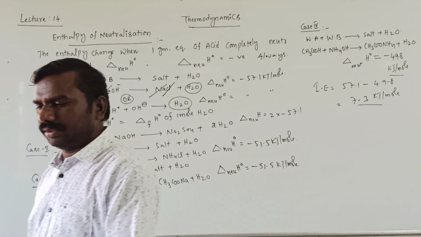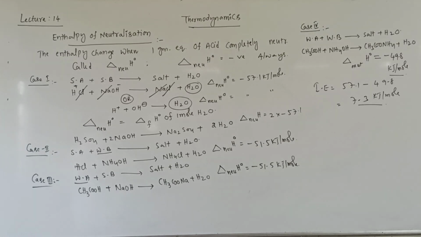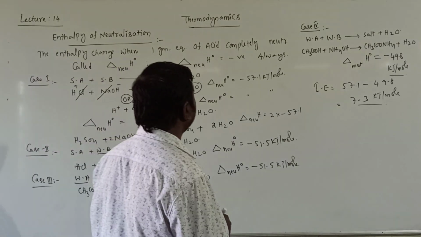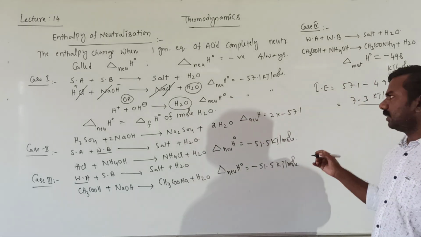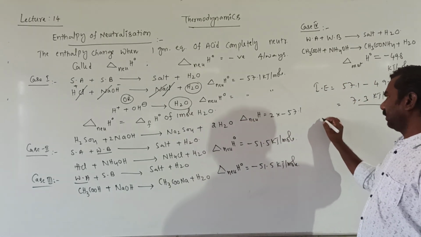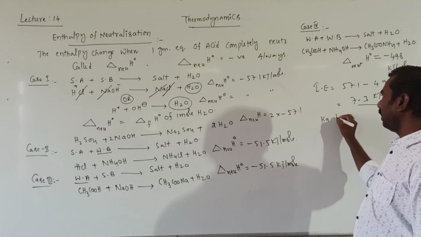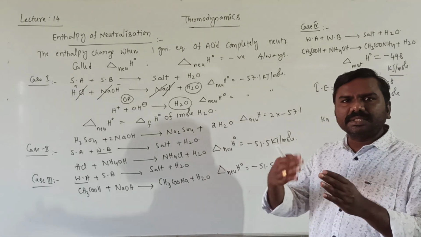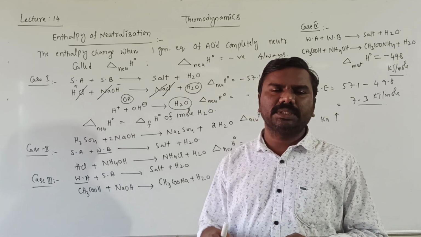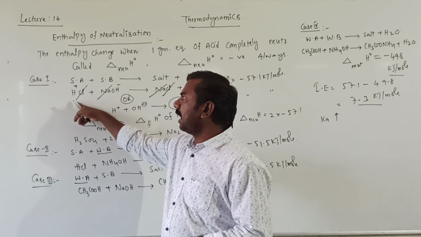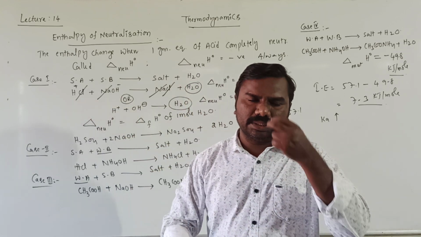Next is enthalpy of neutralization. If you observe clearly, for strong acid and strong base, the Ka value increases. Ka means dissociation. Strong electrolytes like strong acids or strong bases easily dissociate into ions and are easily neutralized. Clear?